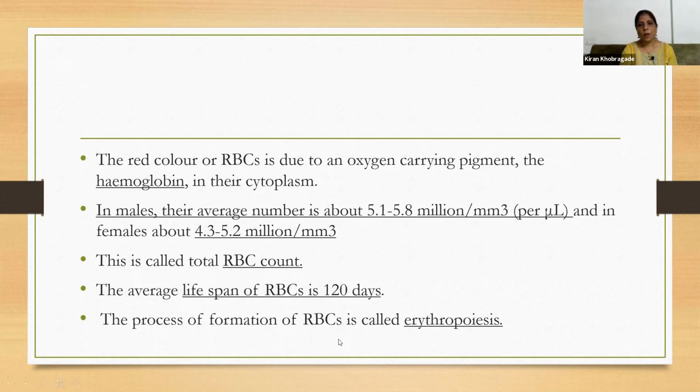The process of formation of RBC is called erythropoiesis. RBC cells are continuously formed in the body. Even if you go for blood donation, after 15 to 20 days, you can see new RBC cells are formed. That blood is recovered. So the process of formation of RBC is called erythropoiesis.